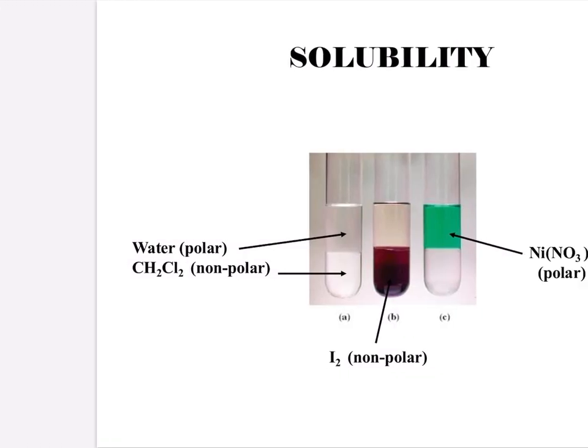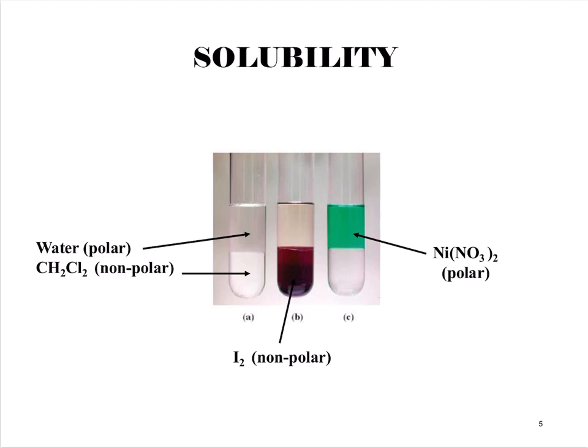Okay. If we look at a couple liquid mixtures here, we have water and then methylene chloride, which is CH2Cl2, right there. Those separate because they have different physical properties, right? This is nonpolar, water is polar, and so they separate based off of that. How do you know which one is going to be on the top and which one's on the bottom?